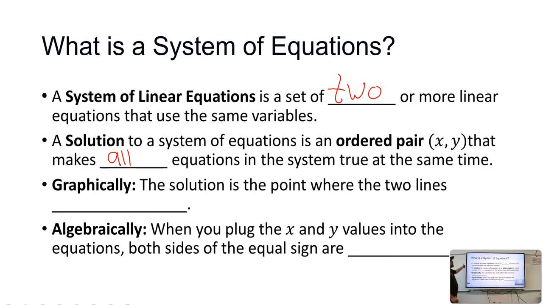Graphically, the solution is the point where the two lines cross or intersect. Okay, and then when we're trying to solve things algebraically, when you plug the x and y values into the equations, both sides of the equal sign are true. Meaning everything works out and everything equals each other.